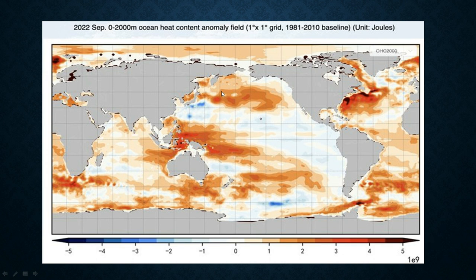We see that it's warm in the North Pacific. We see that it's warm in the Western Equatorial Pacific, warm in the South Pacific, and the Southern Ocean is warm. South Atlantic is warm. And even the Western North Atlantic Ocean is warm. We see that.